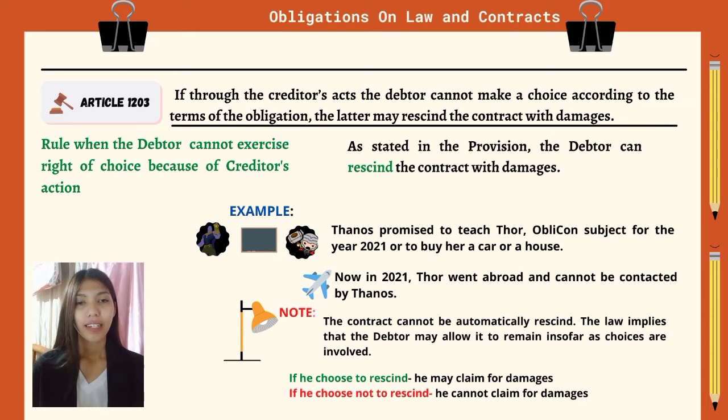And then because of that, Thor will not be liable for damages. So atong timan ano, if Thanos chooses to rescind, he may claim for damages. But if he did not choose to rescind, he cannot claim for damages to Thor. So that's Article 1203. Let's move on to Article 1204.